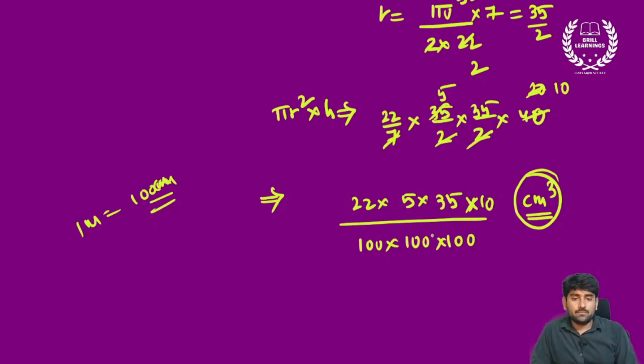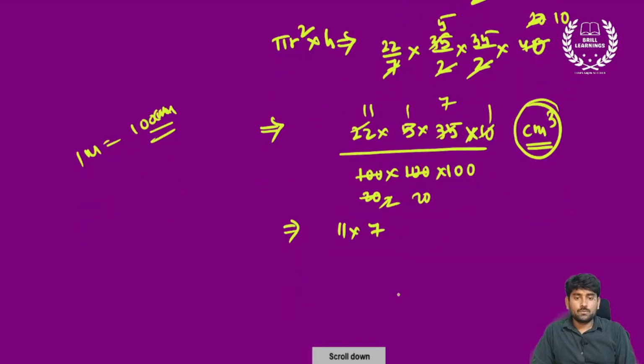So now cancel. 5 1s are 5, 20s, 10 1s are 10, 2s are, 2 1s are 2, 11s are. So next 5 7s are 5, 20s. Anything else? Nothing. So now multiply 11 into 7. That is equal to 77 by 2000 here.